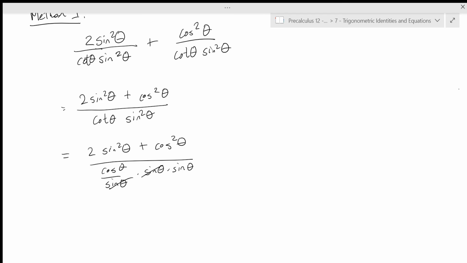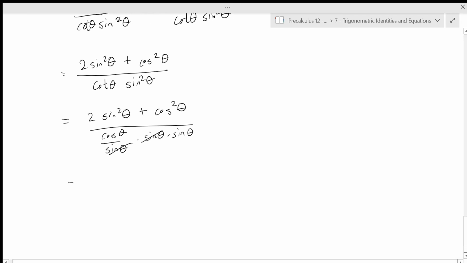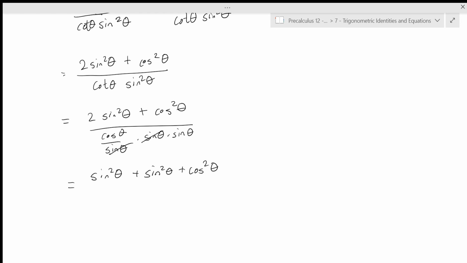Cancel the sine thetas, and I get that this is 2, and instead of writing 2 sine squared theta up here, I'm just going to write sine squared theta plus sine squared theta. Why? Because I saw a cosine squared theta, and I know that my Pythagorean identity is going to allow that to be 1.